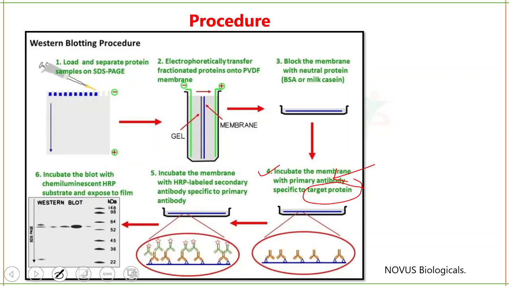When the primary antibody binds to the antigen, you're going to need a specific secondary antibody for detection purposes. The secondary antibody will be labeled with an enzyme, that is HRP, horseradish peroxidase enzyme, and it will be put on the membrane.